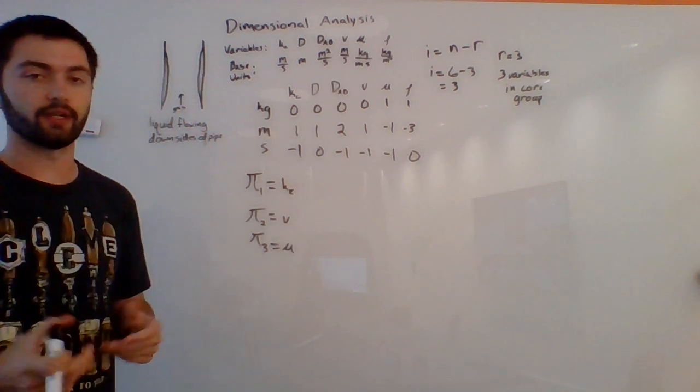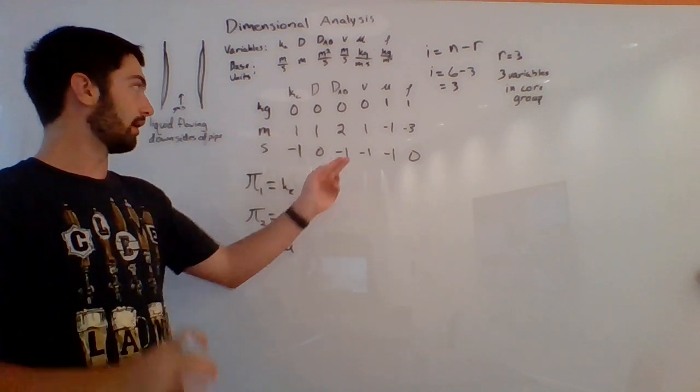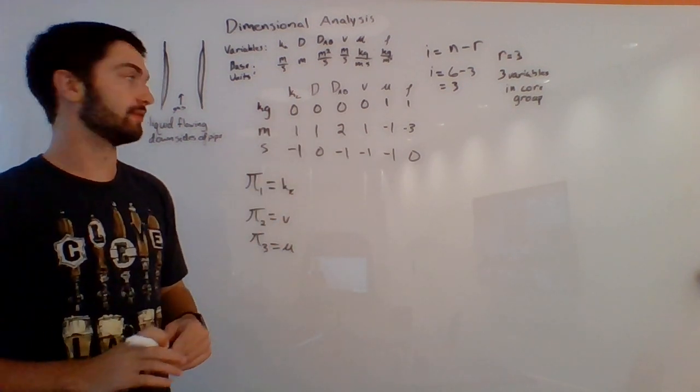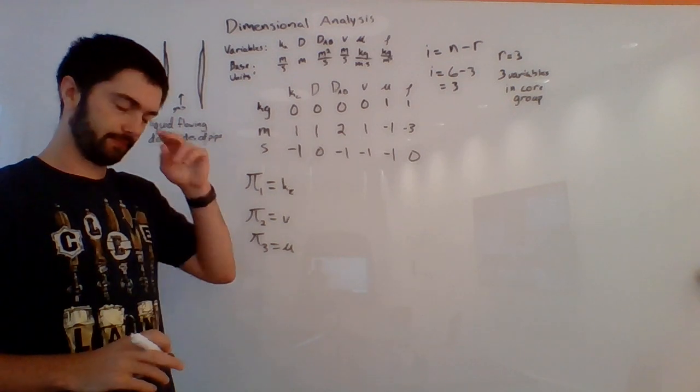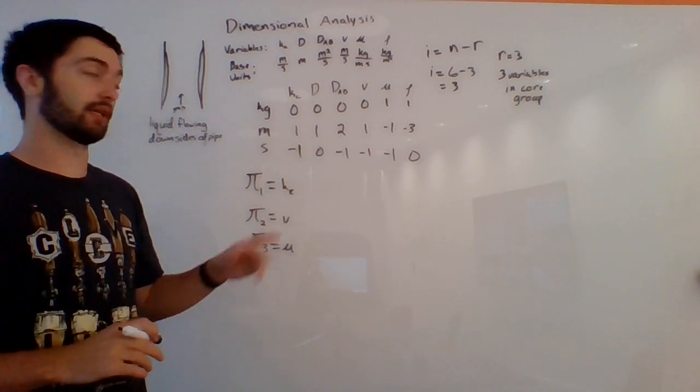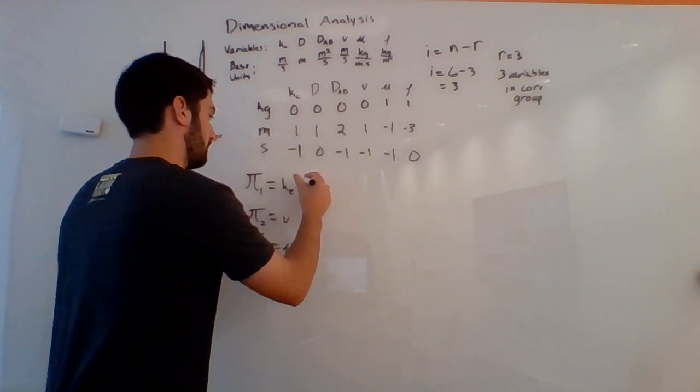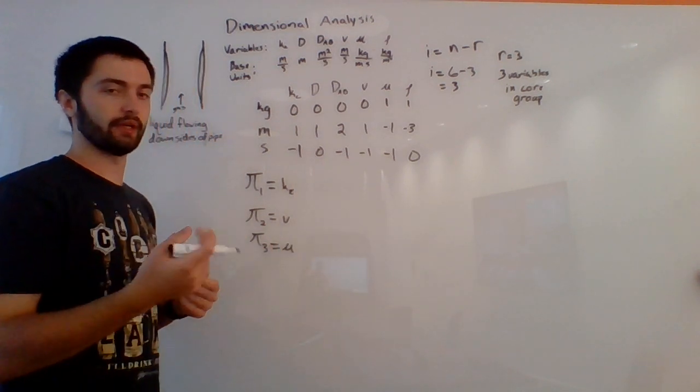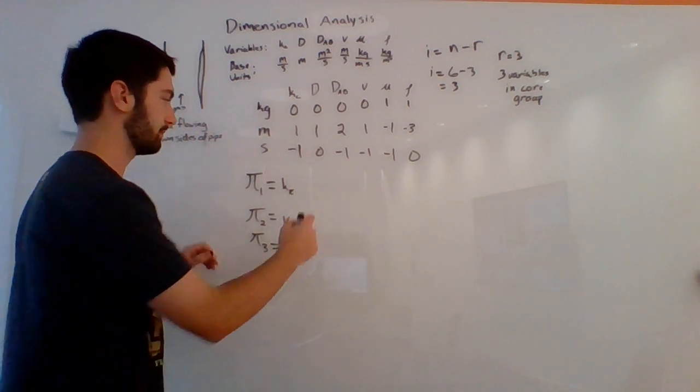So that means the 3 variables that are part of our core group are the pipe diameter, the mass diffusivity, and the density. So that means that those variables are going to be in all 3 dimensionless numbers.